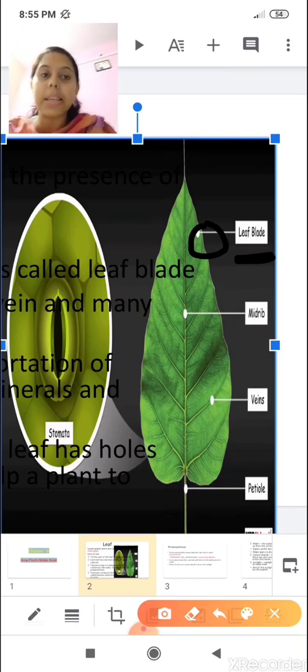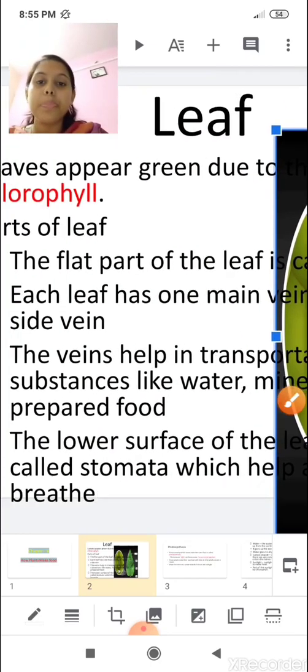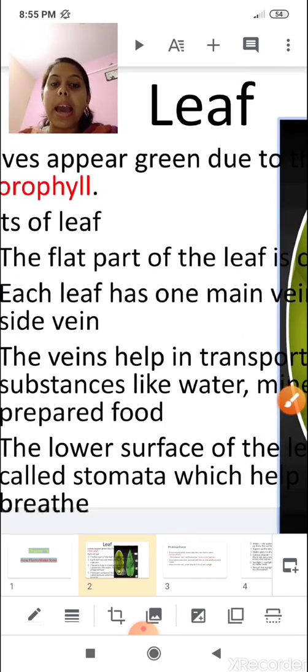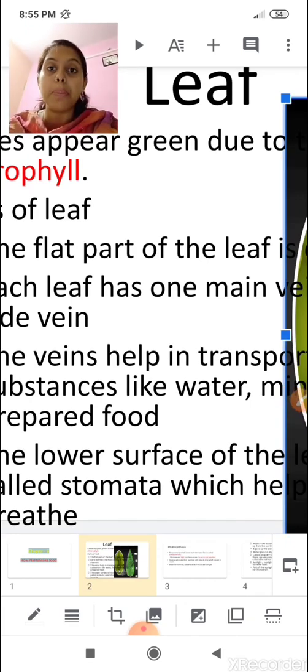Then we have seen that each leaf has a main vein and side veins.